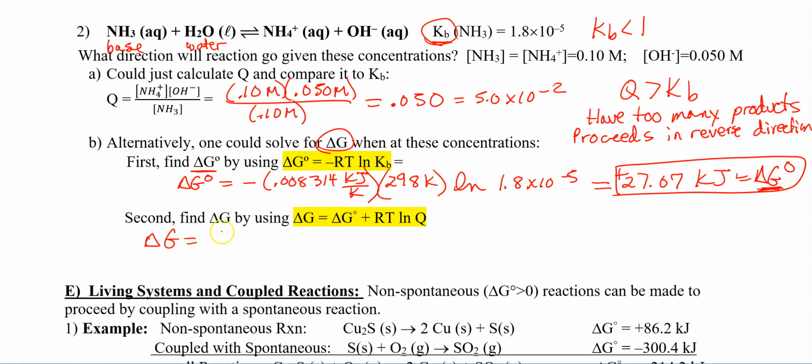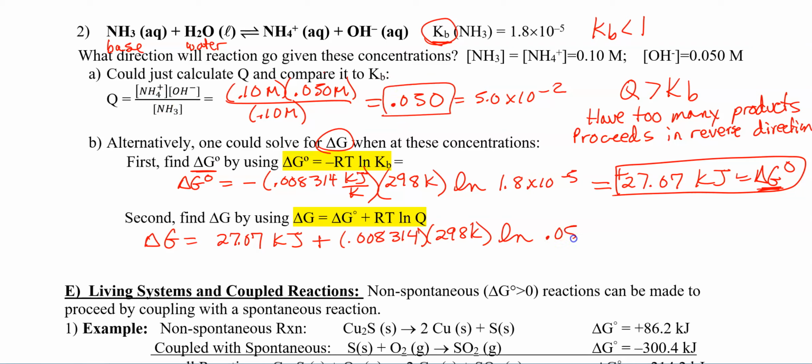The delta G naught is positive 27.07 kilojoules plus our 0.008314 times our 298K. And then we need to plug in our ln of Q. Now, what's our Q in this case? We solved for Q up here. This was our Q, right?